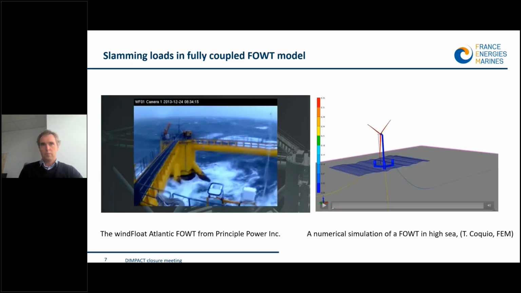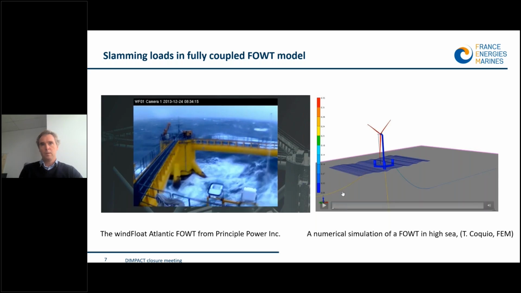And here, on the right-hand side, you see an illustration of a numerical simulation of a floating offshore wind turbine in high seas. This kind of simulation is actually very neat. In some ways, they are very complex because they couple the aerodynamic loads, the hydrodynamic loads, the mooring effect, and the structural response of the blades and the structure on the floater.